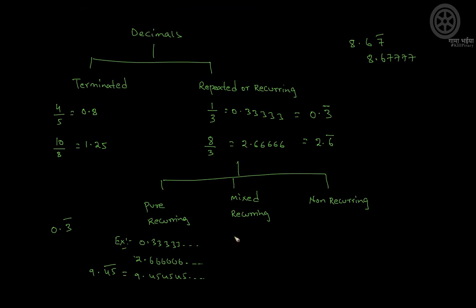Now, mixed recurring. Example for mixed recurring is 3.65454545 in this way. This is called the mixed recurring.